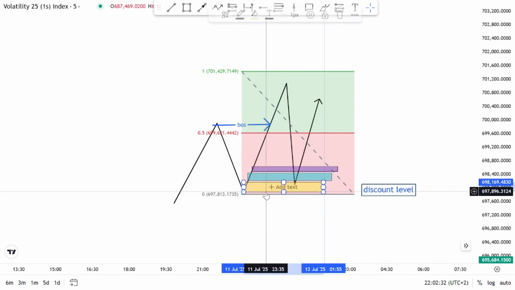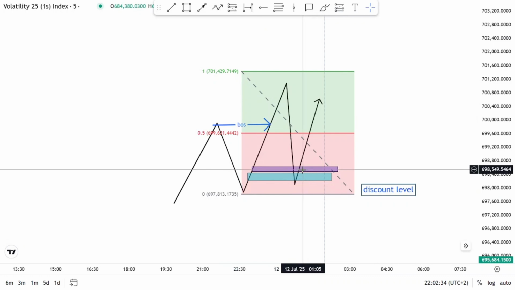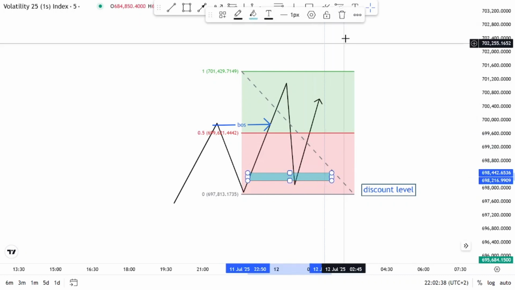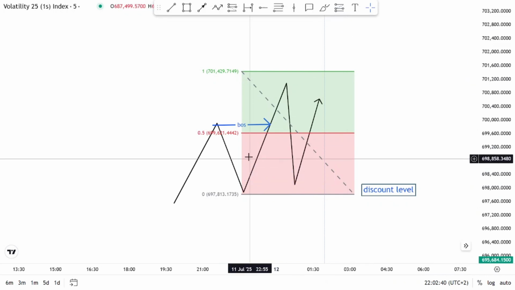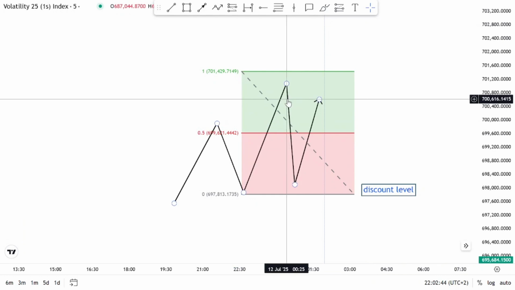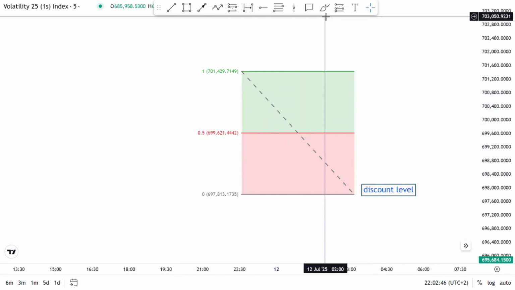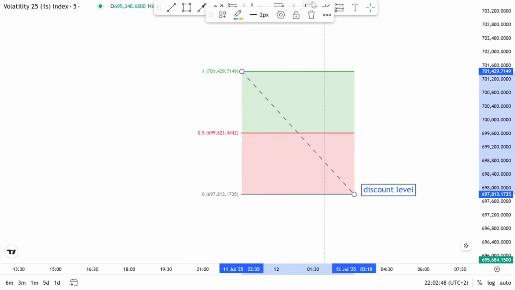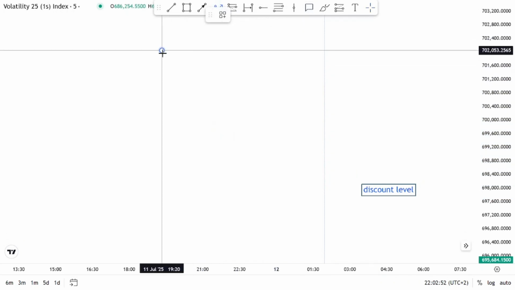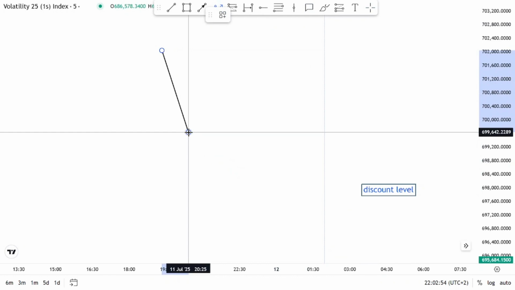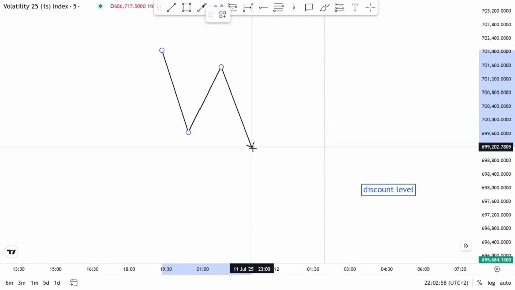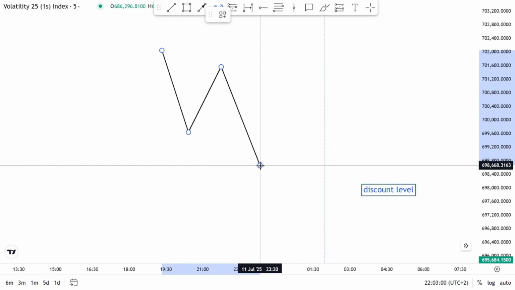So when it comes to the premium level, which is the total opposite of what we just spoke about. The price comes from the upside and then comes here, and then we have a breaker structure.